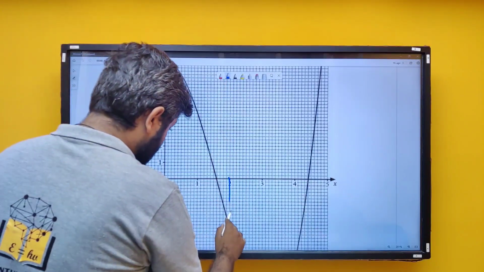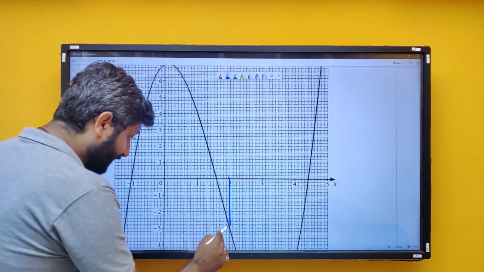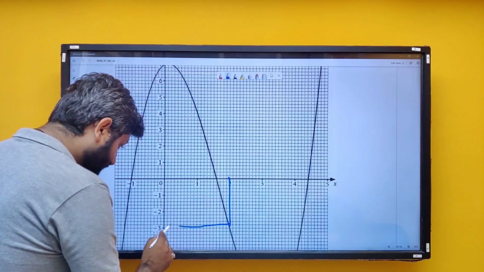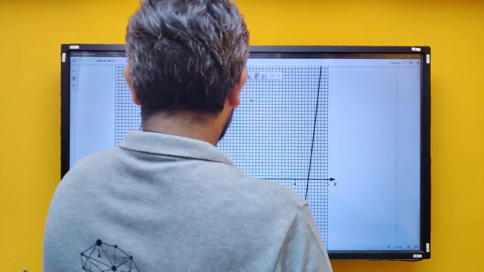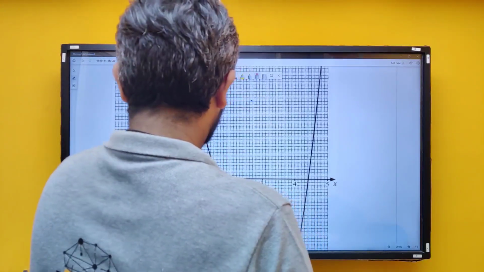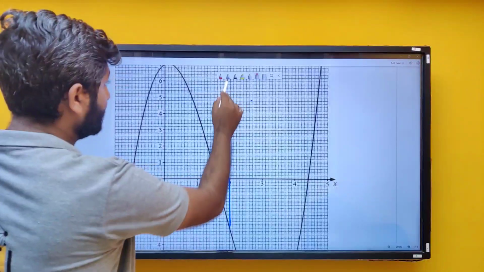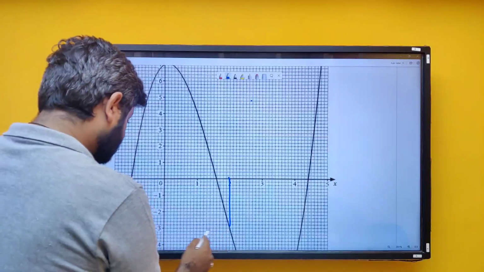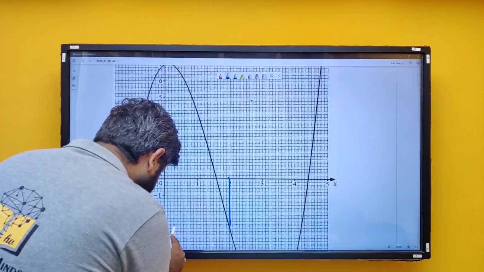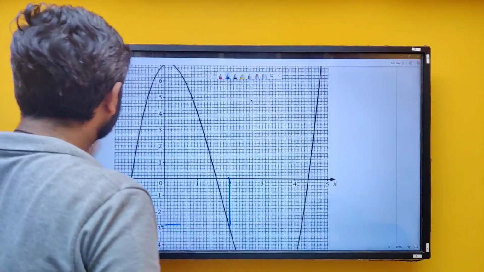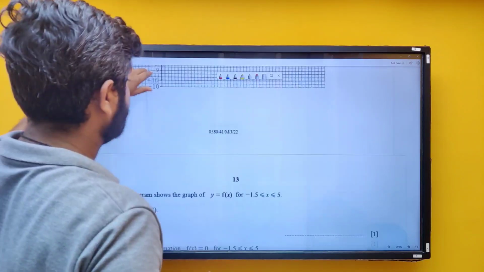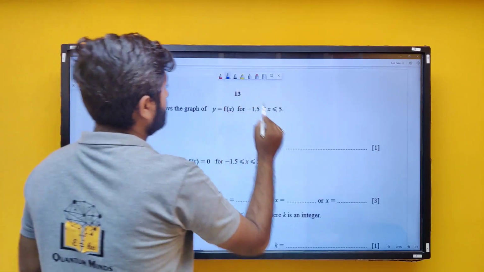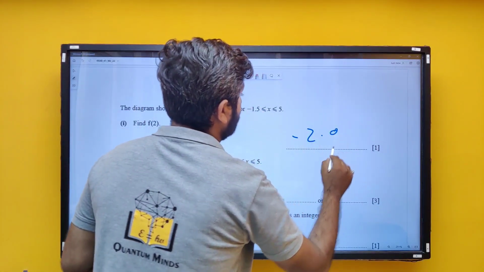As you can see, when x is 2, the line is somewhere over here. It seems like minus 2.9 is the answer. So my value of y is minus 2.9.